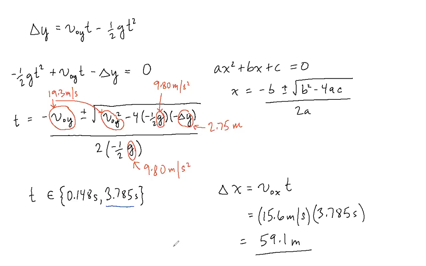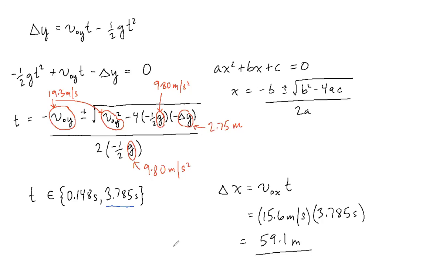I have a quick question. Usually when I have two values for the time, I take the higher value for t. Not necessarily. In this case, yes, because we're being asked what happens later when the ball is going into the goal. But sometimes you may be asked what happens earlier, or sometimes even what happened in the past. If the time ever comes out negative, that means it's telling you about something that happened in the past.